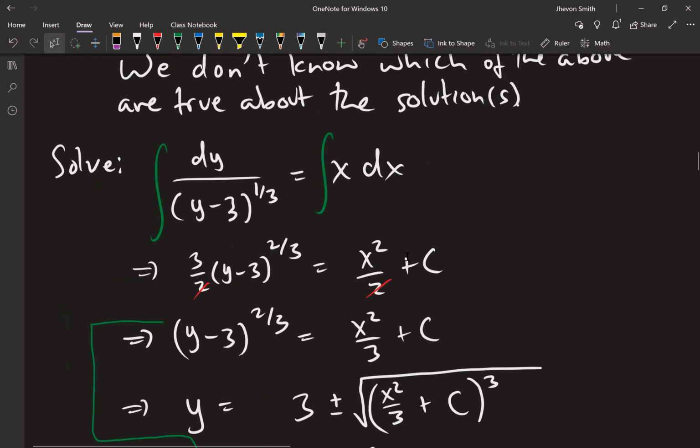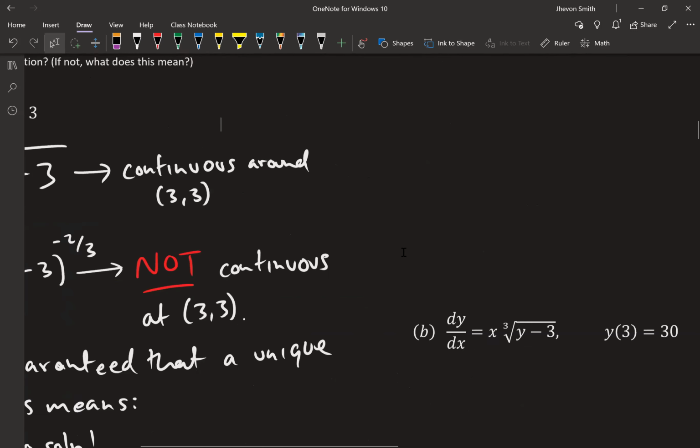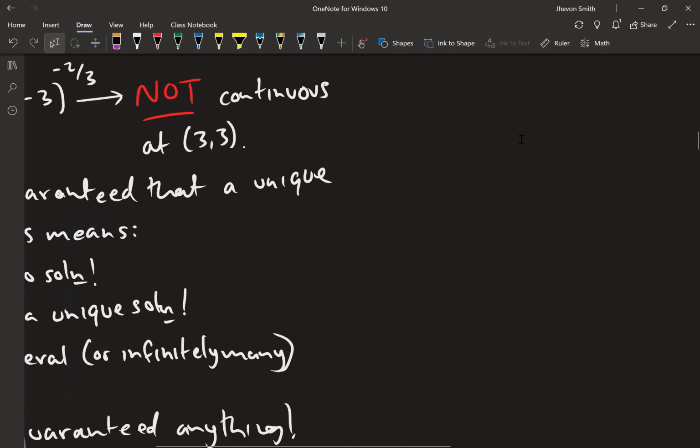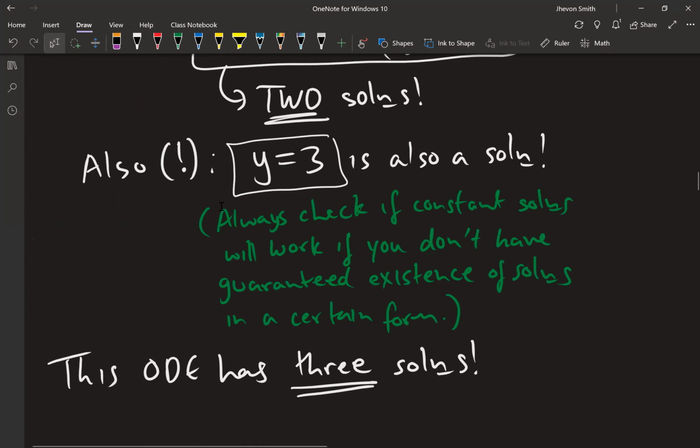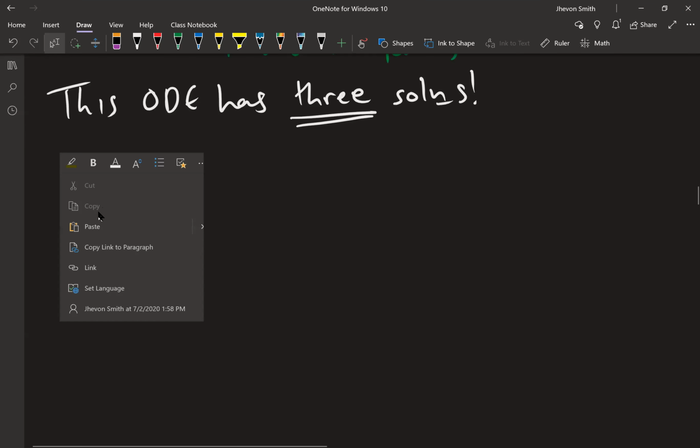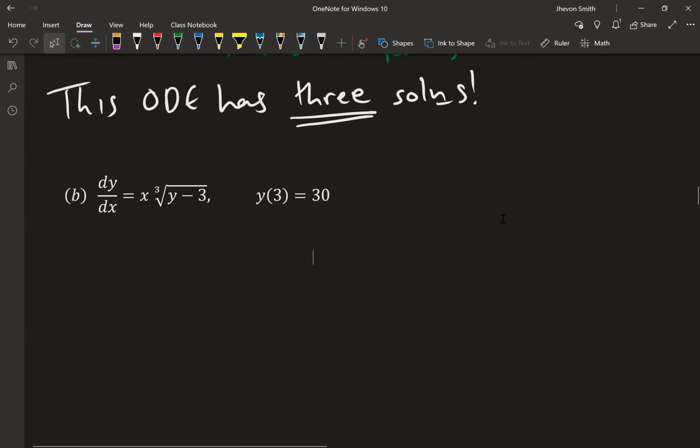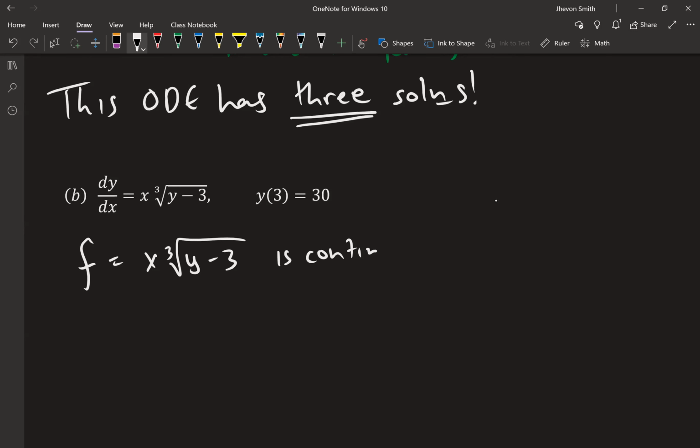Now, notice what will happen if I look at this case. So this is going to be actually the same guy. Now, notice that f equals x times the cube root of y minus 3 is continuous around (3, 30).